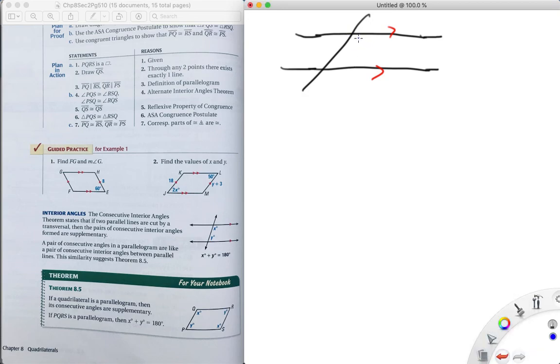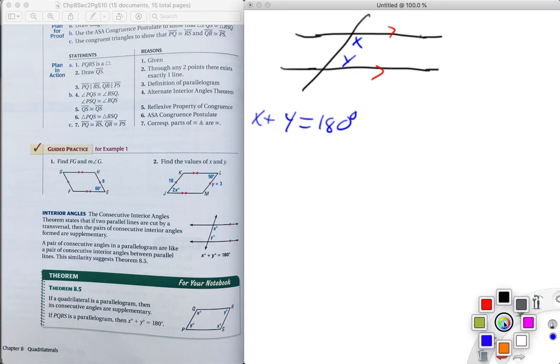So if we call this angle X and call this angle Y, I know that they're consecutive interior angles, so I know that angle X plus angle Y equals 180 degrees because they're supplementary. Now, with parallelograms, what I really have is two pairs, opposite pairs of parallel lines. So not only do I have one transversal, I have two transversals. And these two transversals connect with each other.